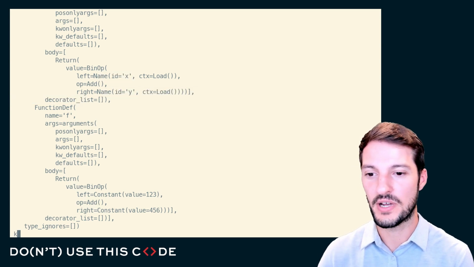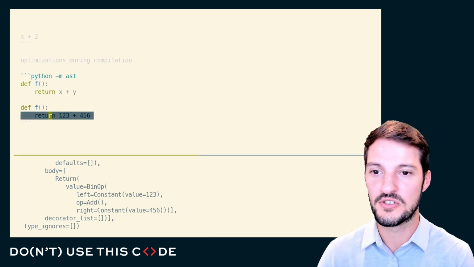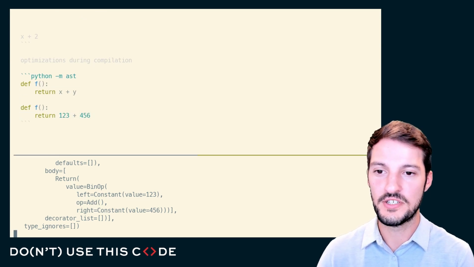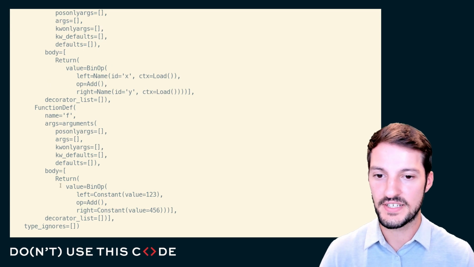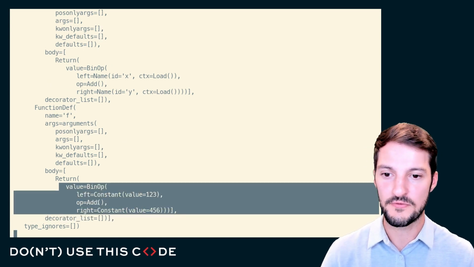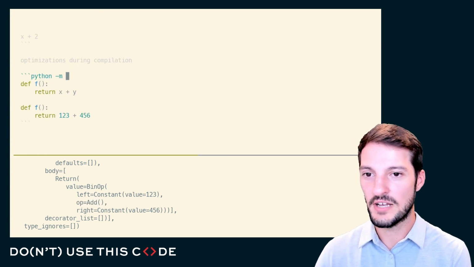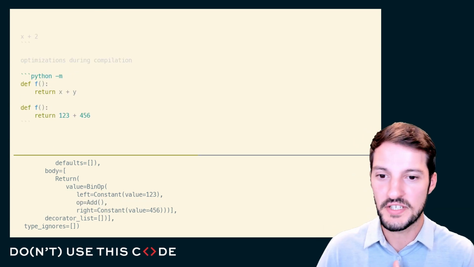And as I said before, Python's dynamicism lets us do this without really caring too much. In our bottom function, we're going to add 1, 2, 3 plus 4, 5, 6, and we see that right here. Binary operation, left is 1, 2, 3, right is 4, 5, 6, and we're doing an addition on them. And at the level of the abstract syntax tree, it doesn't care.